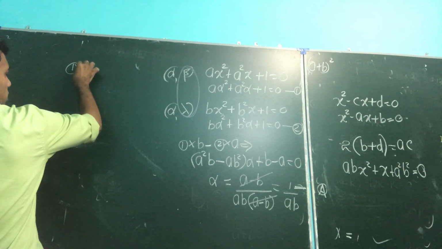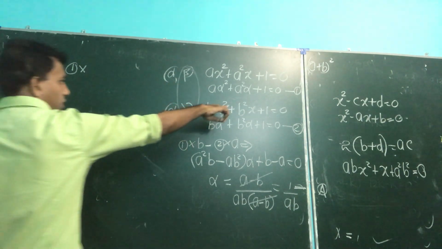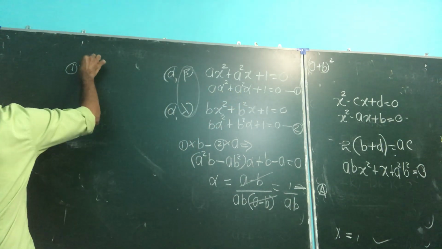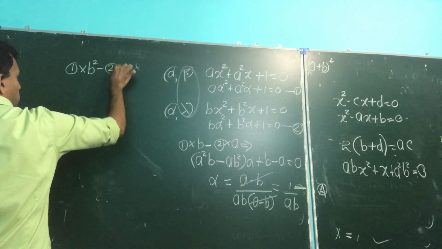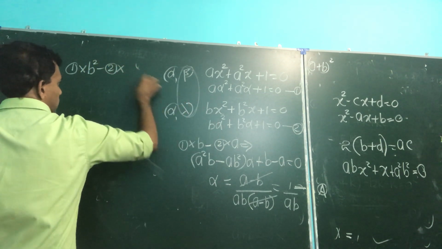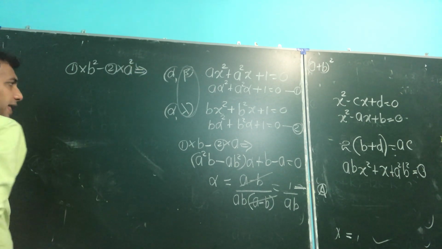First equation multiply by b square. Subtract second equation multiply by a square, right? Then what happened? Remove alpha, cancel.